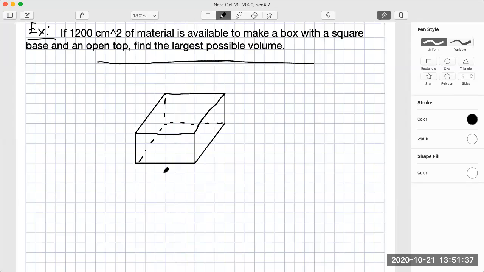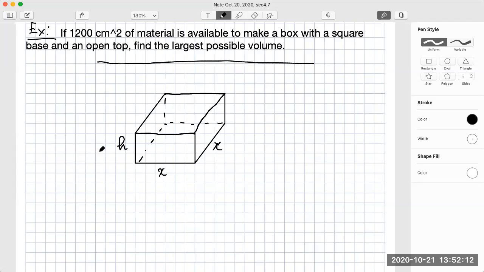So let us define the length of the square as x, right? You agree? And the top is open. Okay, very good. Then the height is something we don't know. Let us define it as h here.